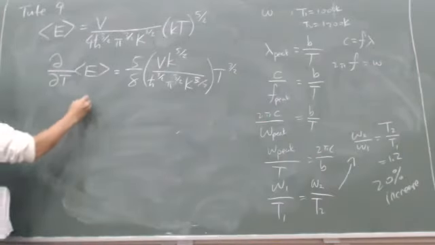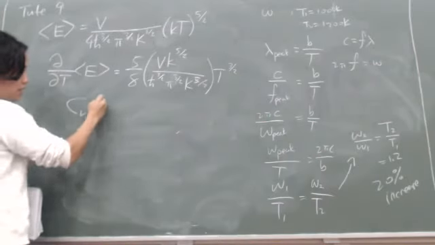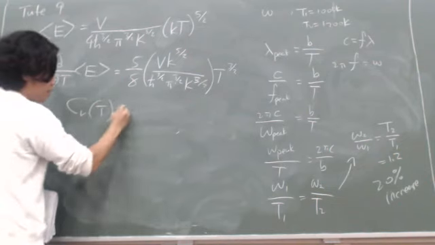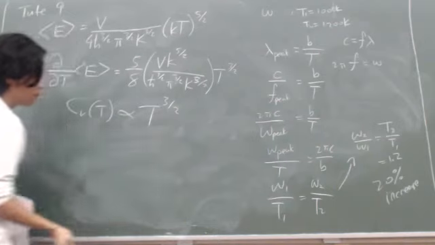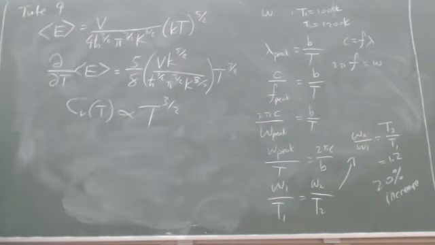So there you go. Your heat capacity as a function of T is proportional to T to the 3/2. That's the relationship, and apparently they could get a fairly good experimental verification for that. It was an important result in condensed matter physics.